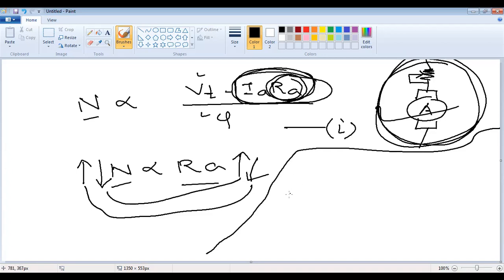But when current is flowing, the winding is there, obviously. The field winding and armature winding are there in the DC motor.